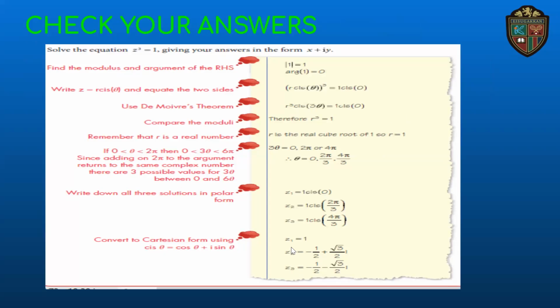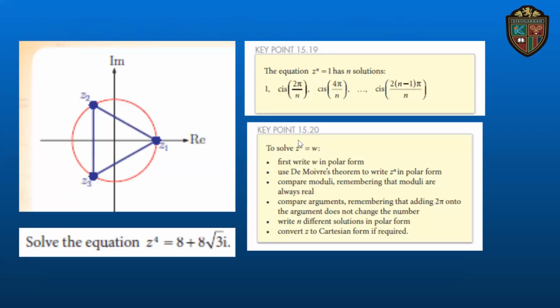So as you can see here, you'll have Z1 equals 1, Z2, Z3 here. And if you plot that, you'll have Z1, Z2, Z3. So the equation z to the power of n equals 1 will have n solutions. The first one will be 1, cis 2 pi over n, cis 4 pi over n, up to cis 2(n minus 1) pi over n.